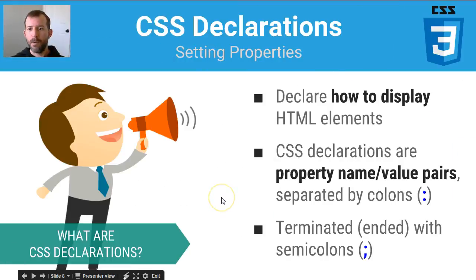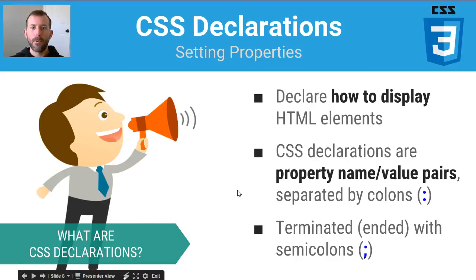So how do I set properties? I set properties by using a property name and value pair. So on the left side, I declare which property I want to set, and on the right side, I tell CSS what value to set it to. If I have more than one property to set, I terminate each property name value pair with a semicolon. So these are called CSS declarations.